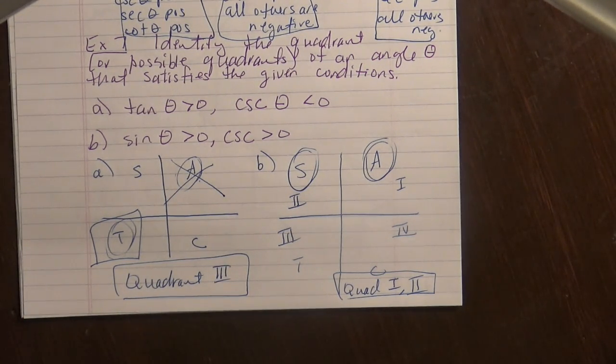So hopefully you're still with me at this point. The big concepts that we've talked about so far are this all silver teacups and knowing how your trig functions are defined. You've got to remember sine is y over r, cosine is x over r, tangent is y over x, and then you've got to know that cosecant is the reciprocal of sine, secant is the reciprocal of cosine, and cotangent is the reciprocal of tangent.